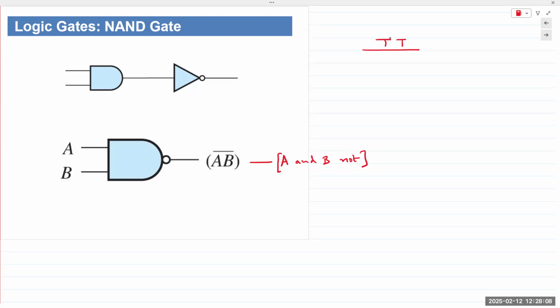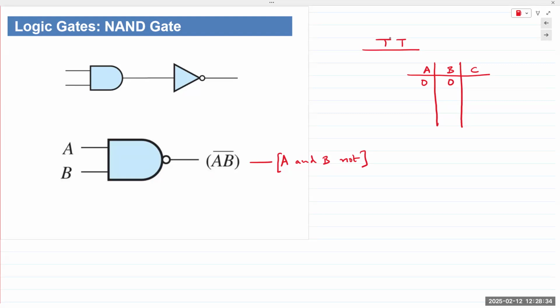So in the NAND gate, if you have here A, B, and let's say the output is C, if A and B are 0, 0, what is C? 0 and 0 should be a 0, then you NOT.